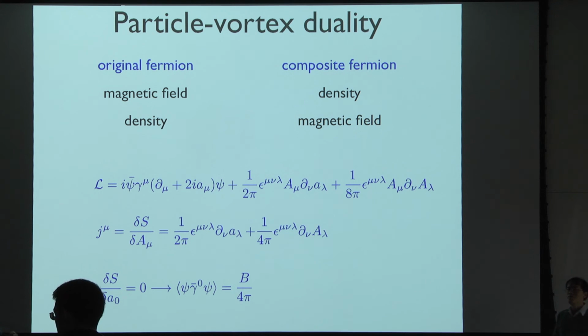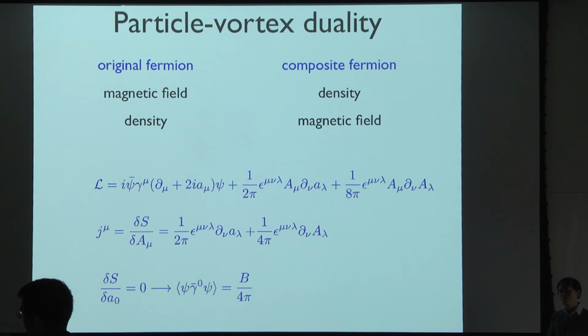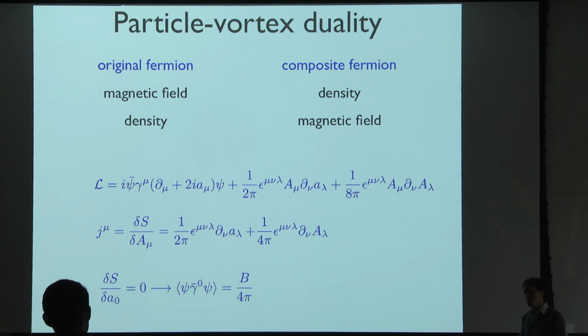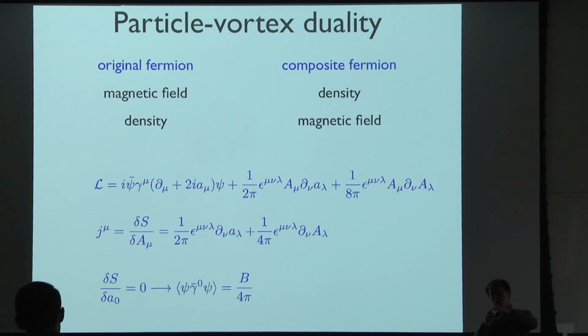If I understand correctly, this nu equal to 1/2 theory is a theory with no mass gap, right? It's a theory with no mass gap. Is it a conformal field theory? It's not a conformal field theory because the radius of the Fermi sphere doesn't scale when you do renormalization group. You have a single scale. The degrees of freedom live not near k equal to 0, but at some given k.